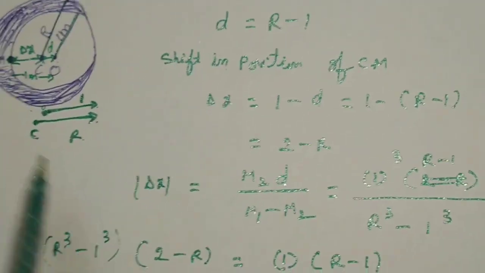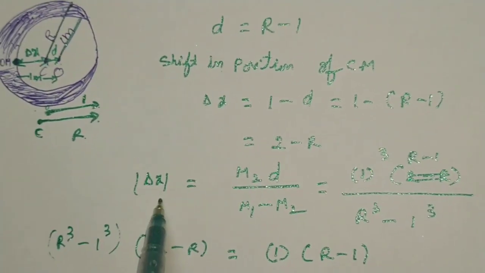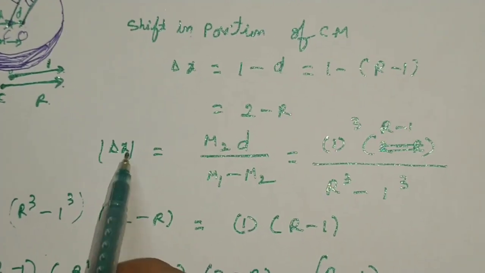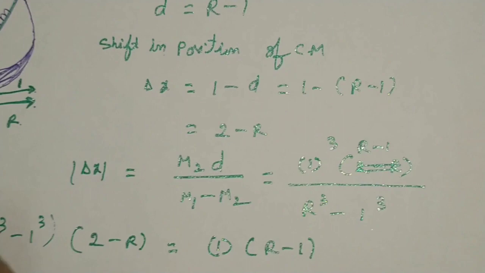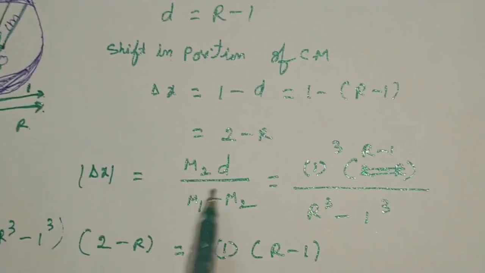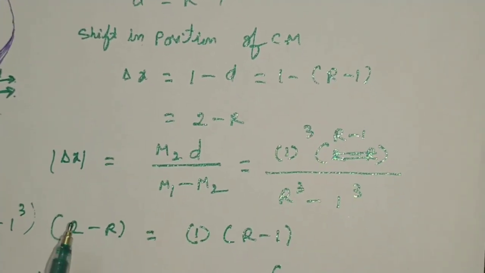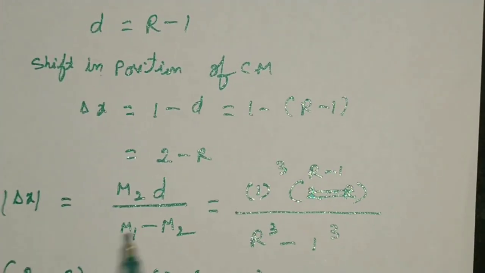Then the shift in the position of the center of mass has a direct formula. When a sphere is removed from the given sphere, the shift in the position of the center of mass has a direct formula m2 d by m1 minus m2. Here the mass of a sphere is proportional to radius cube.